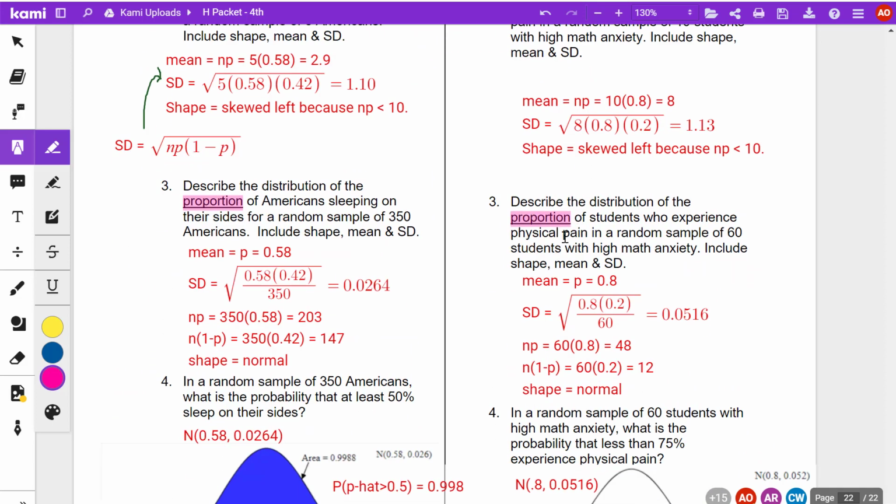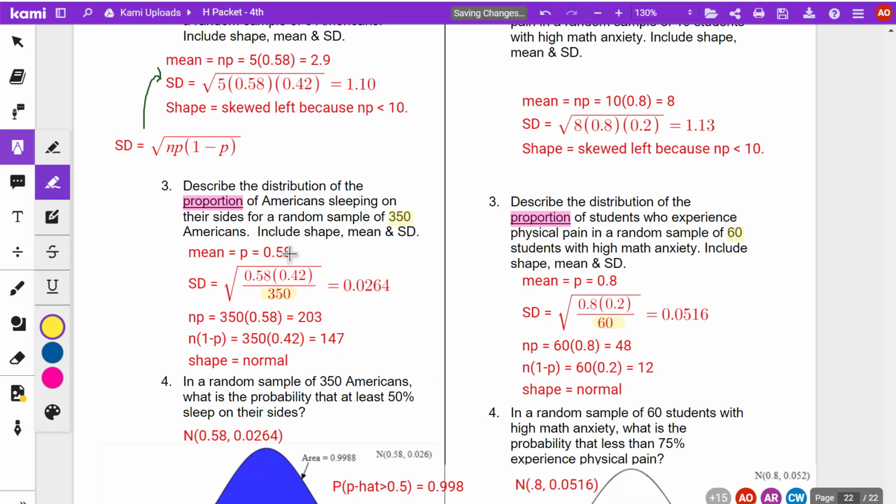And the mean on this other one is going to be 0.8. For the standard deviation, I need to know the sample size. So the sample size is 350 here, and there it's 60. So you can see there's the 350, and there's the 60 there.